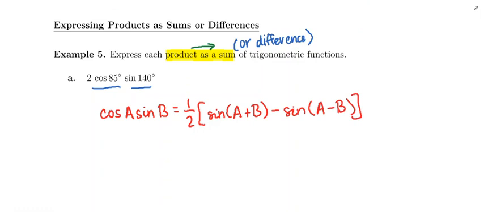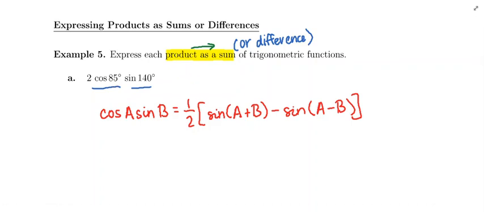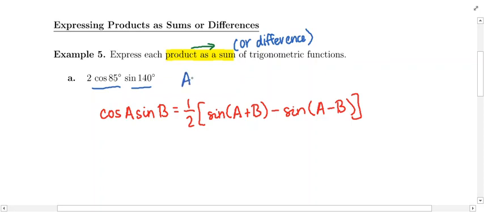Let's find our A and our B. These are our arguments. A is going to be 85 degrees, because in the identity, A is what you're taking the cosine of, and we are taking the cosine of 85 degrees. Similarly, B is what you're taking the sine of, so B is going to be 140 degrees here.